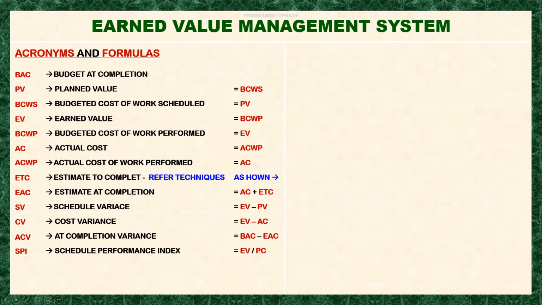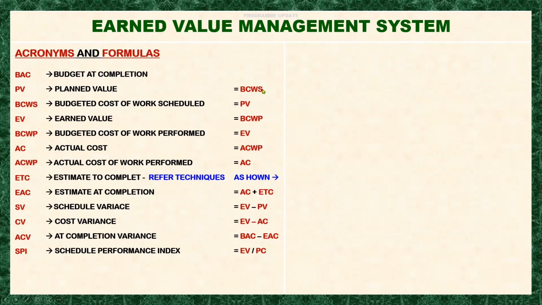Actually this PC is not correct. It should be planned value. We are not perfect. Actually, human beings are not really perfect. We are prone to mistakes. So this should be changed to PV.